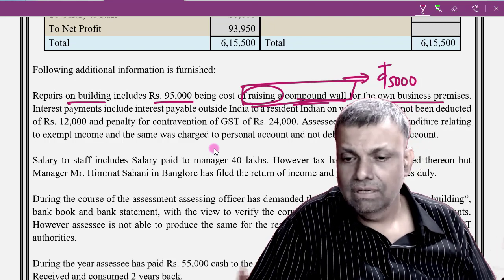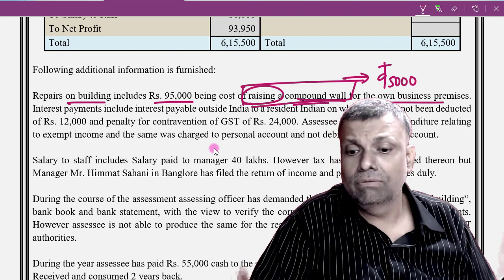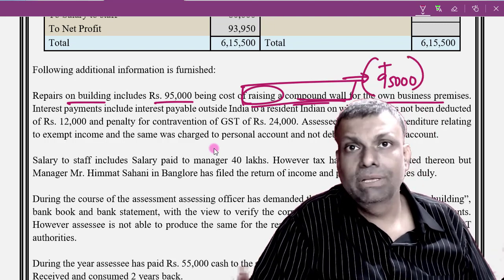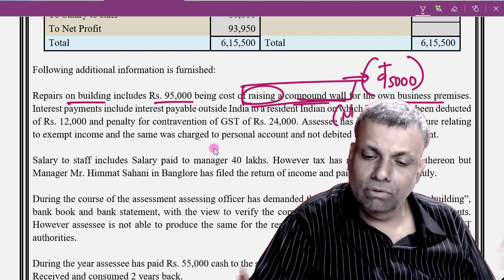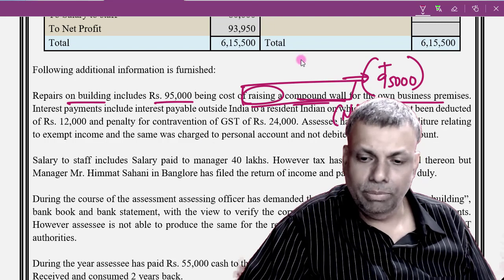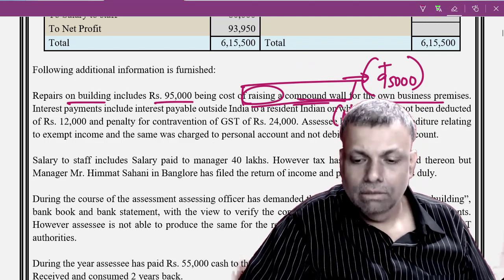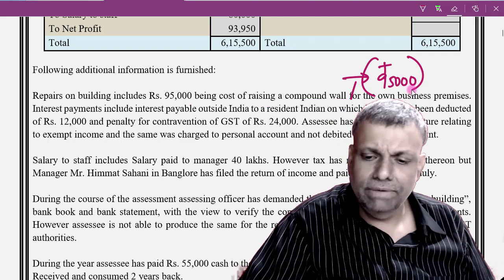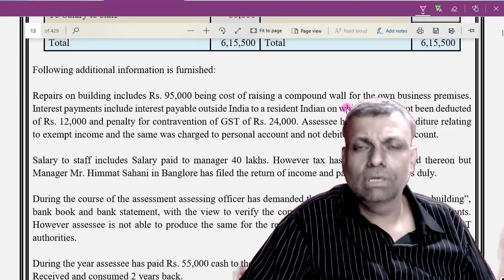If I come to know that the opening WDV of the block was this, and if I get that kind of data, I may adjust it. But right now I will add to the profit, reason being that this is a capital expenditure and therefore it is not allowed. However, if you want to write a note, on 95,000 rupees the appropriate depreciation in the respective block of building should be given, but because of the lack of data which is not present in the question, you are not considering that.